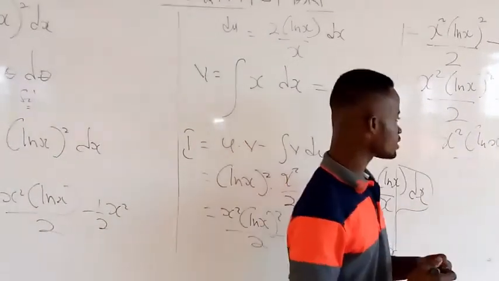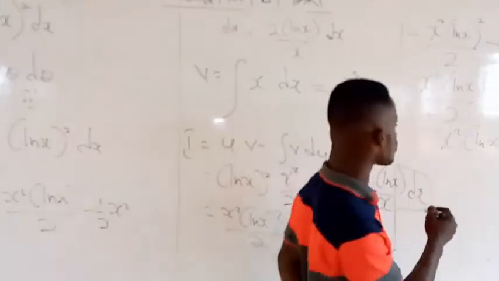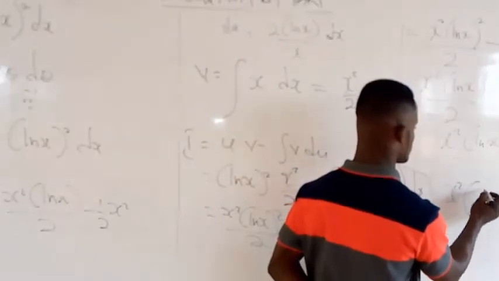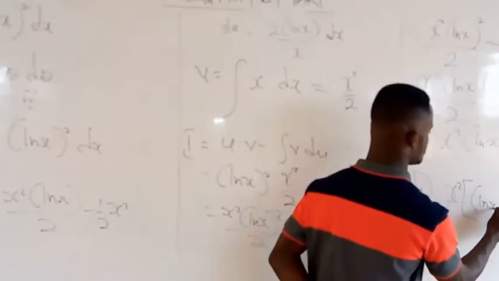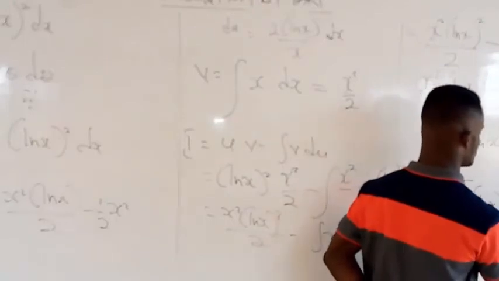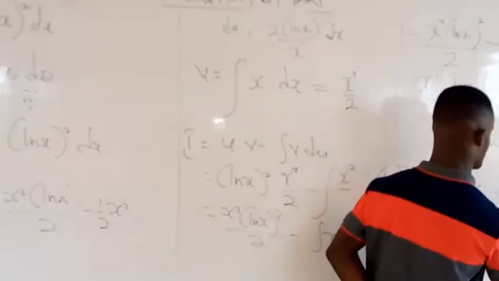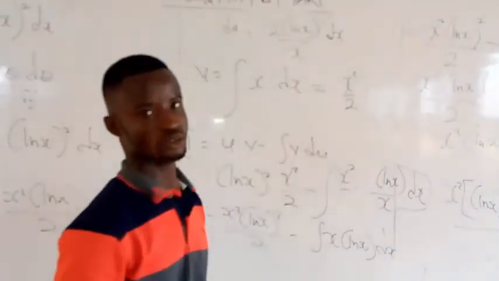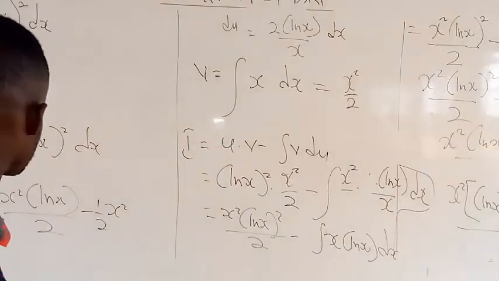And here we can factorize S squared out. When you factor S squared out, you now get ln S squared minus ln S minus 1, all these over 2 plus C. So that is going to be the final answer for such a question.